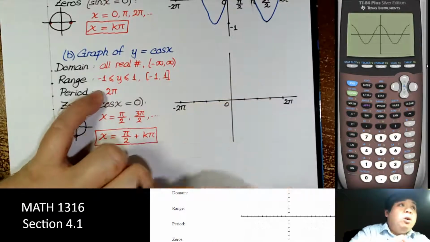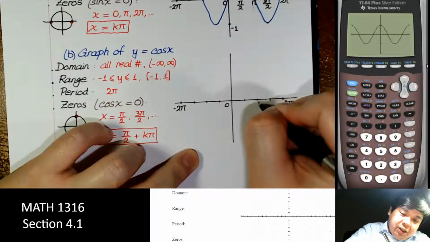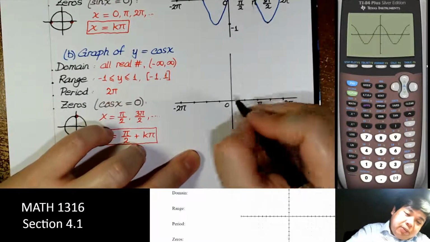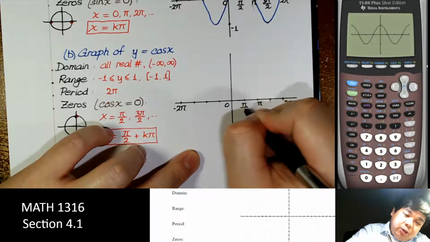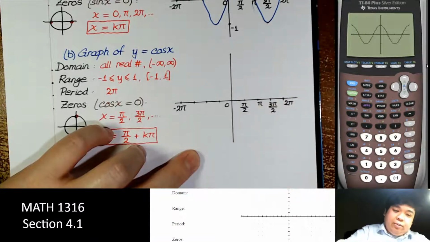So always go with the period and then divide that into 4 equal segments. So this will be pi over 2 and 3 pi over 2.